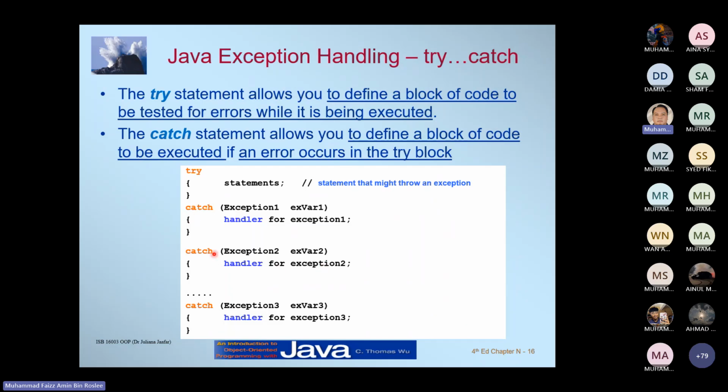So when the exception is detected as a null pointer exception, you can write the message or throw out a string, for example, asking a user to enter a value because there's a null value in your computation. Okay, and you can have multiple catch blocks.